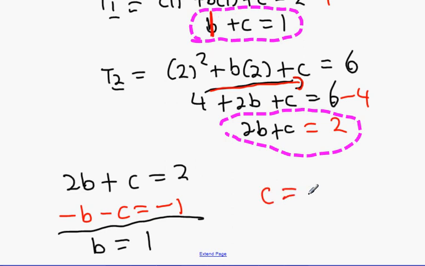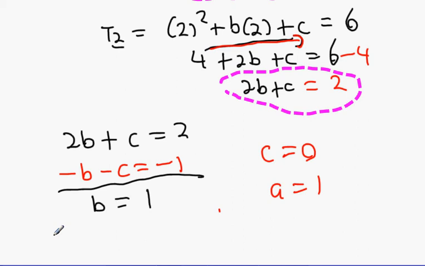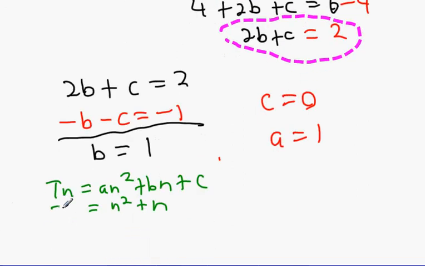C is 0. And remember, A is also 1. Tn therefore is an squared plus bn plus c. Therefore it's now n squared plus bn, B is 1, plus n, C is 0. The answer is n squared plus n.